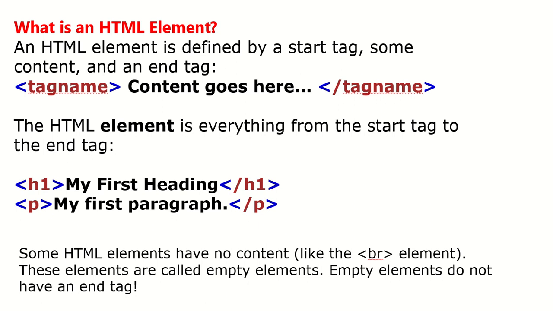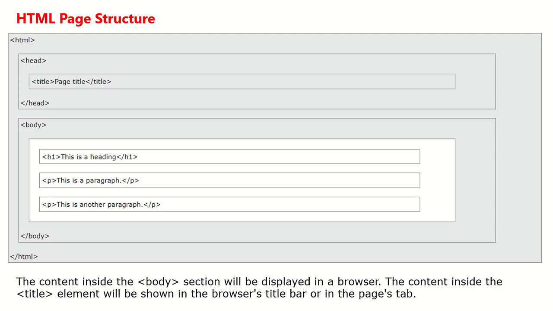So we'll now see the HTML page structure. So this is all about HTML page structure, where it starts with HTML, then the head section. Inside the head section we have a title, then closing of the head section, then the starting of the body section. Then we can have many HTML elements like h1, paragraph, one more paragraph, and so on.